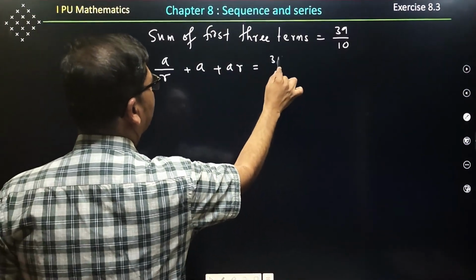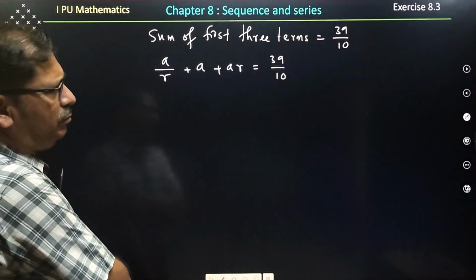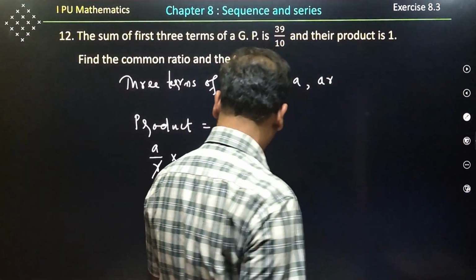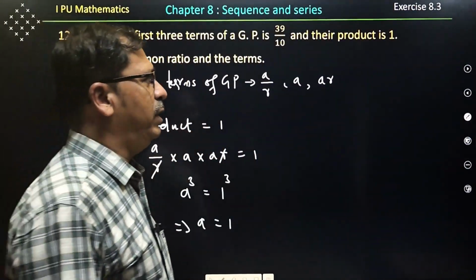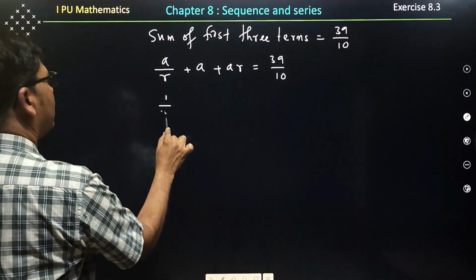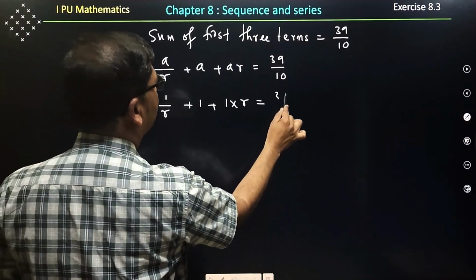This is equal to 39 by 10, but put the value of what you got in the previous step. A equal to what you got? 1 you got, no? Put the value of A here. So by substituting A is equal to 1, it becomes 1 by R, 1 and then 1 into R. This is equal to 39 by 10.